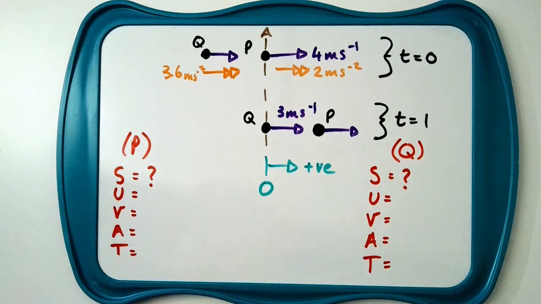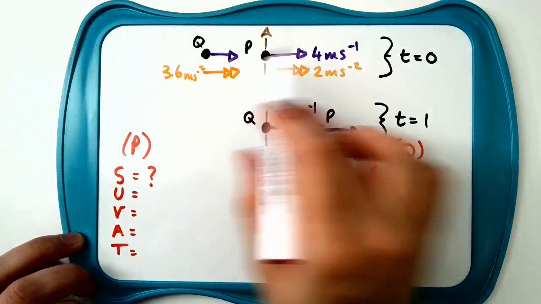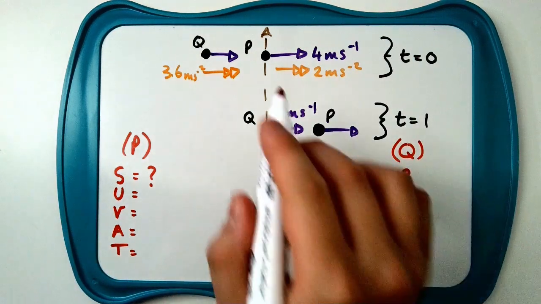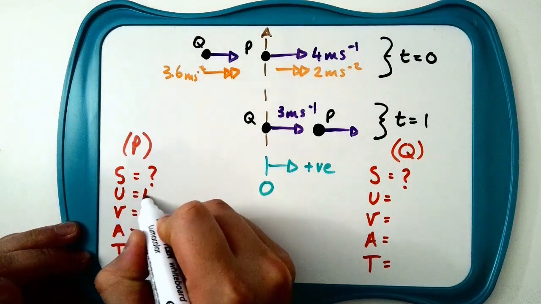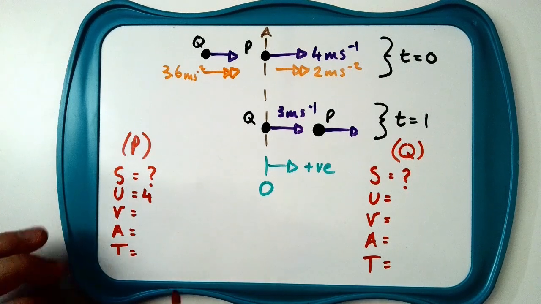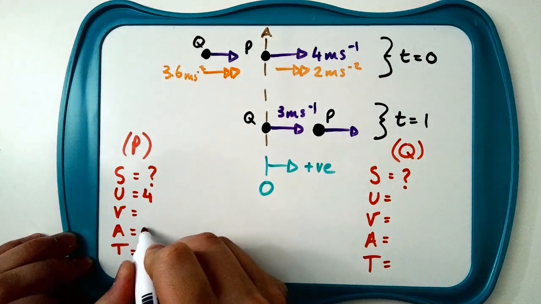So the initial velocity of particle P, well, we need to think about where it starts. It starts at A and it finishes somewhere along the right. So it starts at A, so we know the velocity is 4. I'm just going to put a 4 there. The other parameter that we know is the acceleration. We know acceleration is 2.